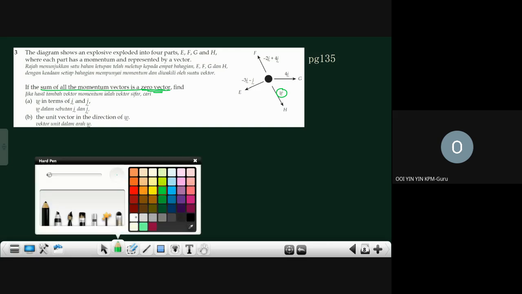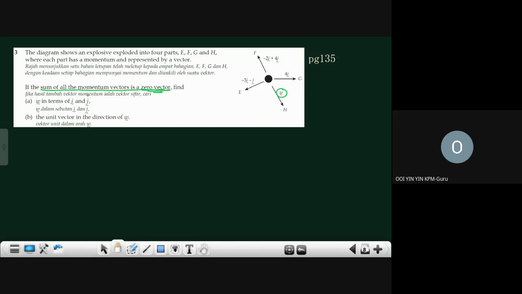Now, because they give you hints here, the sum of all momentum vectors. These 4 are all the momentum vectors, and the sum of all equals 0. That means you add all these vectors and it will equal 0.